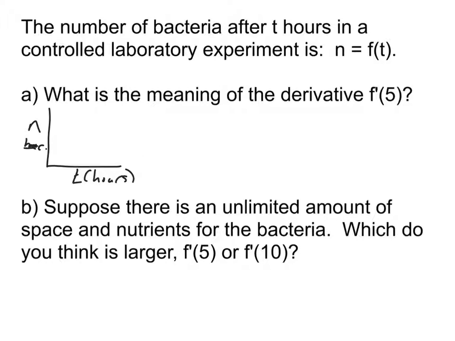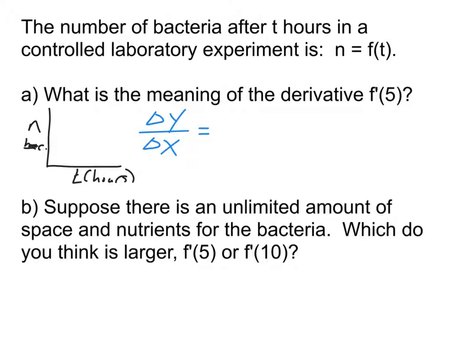And so really, it's asking, what is the meaning of the derivative? A derivative is always a rate of change, and more specifically, it's the slope of the tangent line. Slope, remember, we've seen as delta y over delta x. What if I put that in terms of what I'm dealing with in this problem?